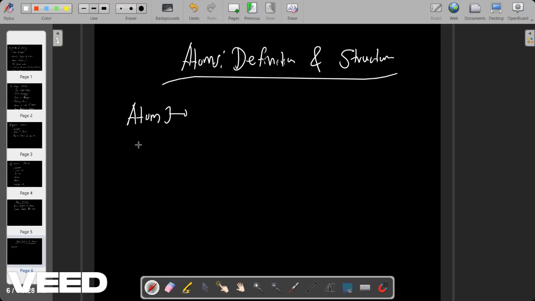So you have to be very careful. It is one of the small particles, but not the smallest.